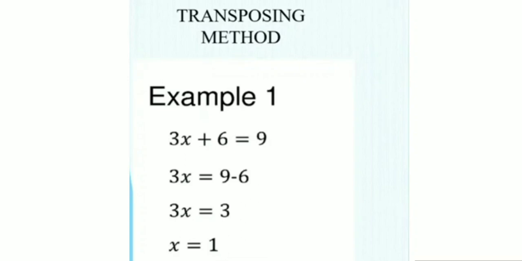It is 3. Now I have got the equation 3x is equal to 3. Now this 3 is in multiplication on this side. So if it goes to the right hand side, it will become x is equal to 3 upon 3. Means 3 divided by 3. So the answer is what? 1.